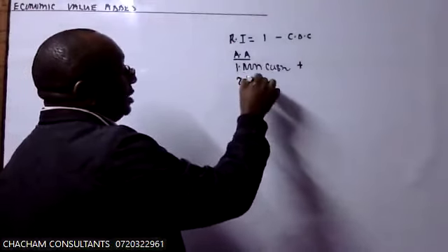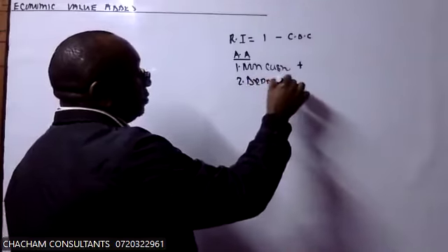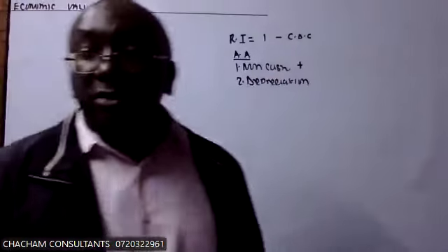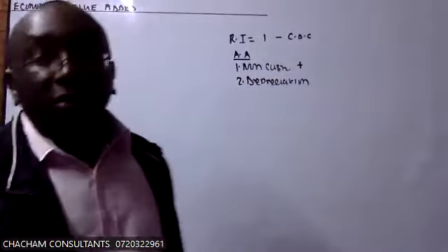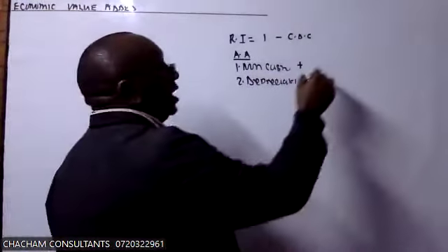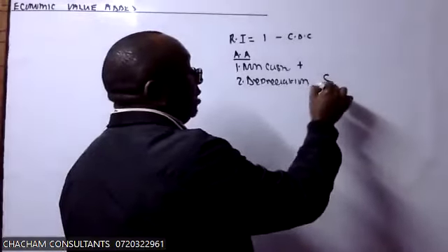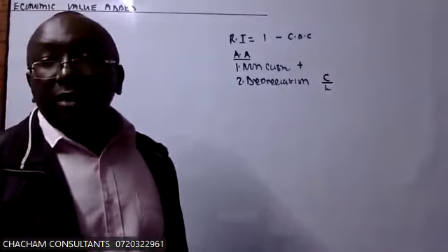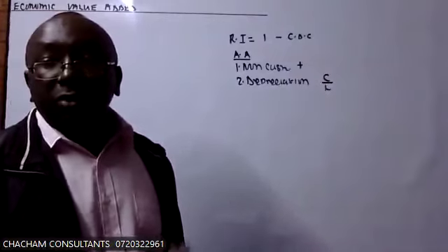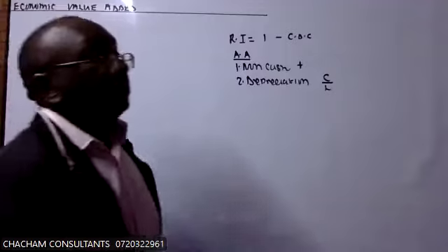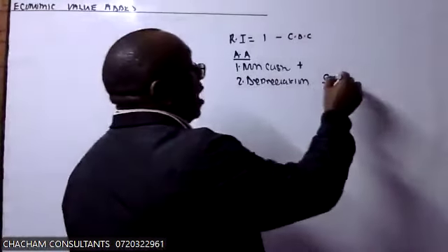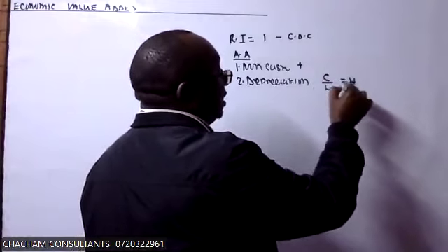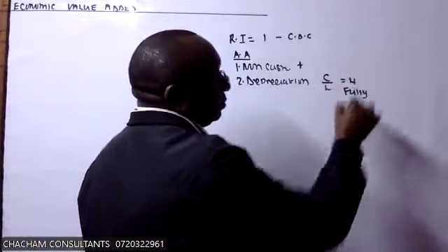Number two, there is something called depreciation. As you know, in the normal accounting, depreciation is computed as cost divided by the useful life. At the end of the useful life, like in our last lesson, if the life was 4 years, by the end of the 4th year you have fully charged the depreciation.